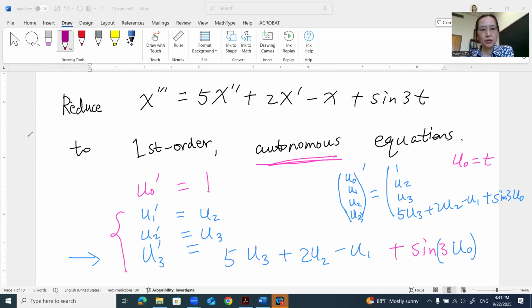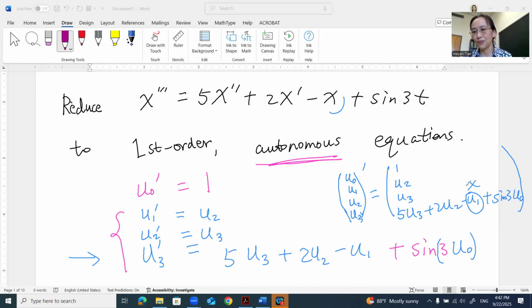So for convenience, we can remove this part, and then that's the new system, which is now first order and autonomous. So you check your answer: if in your new system you still have X somewhere after you already named X as U1, then that's not appropriate, because that means you still have some unknown function X. What is X?